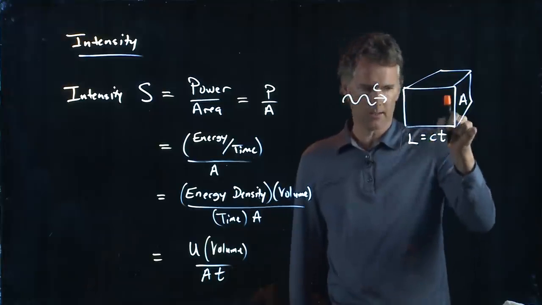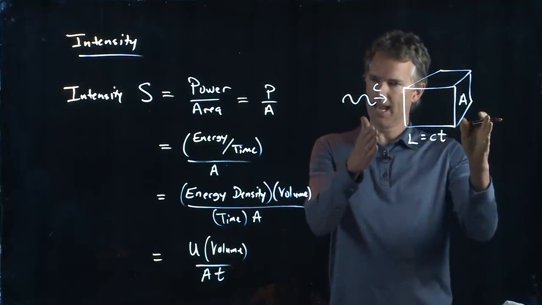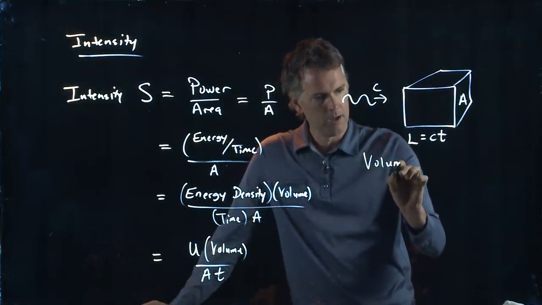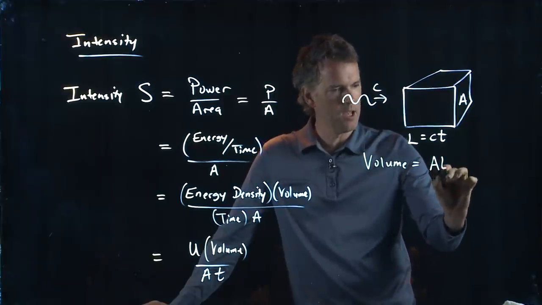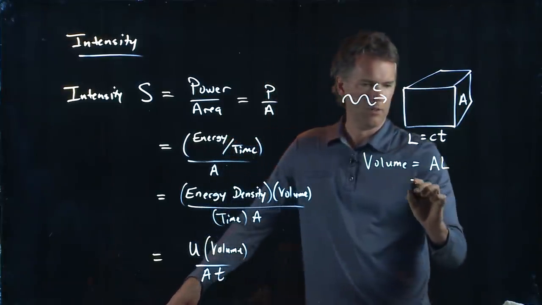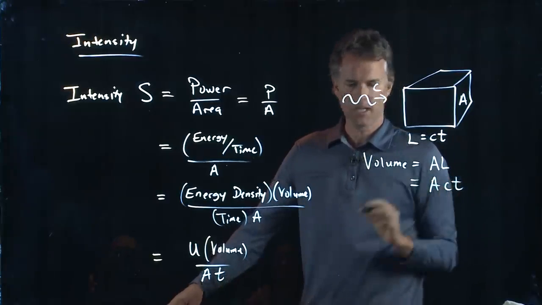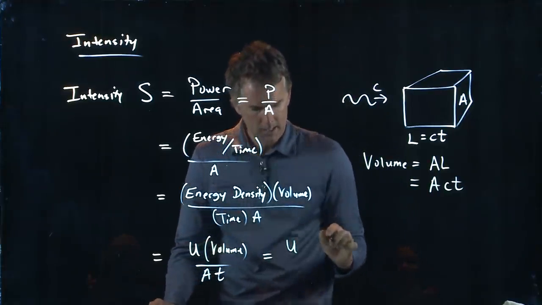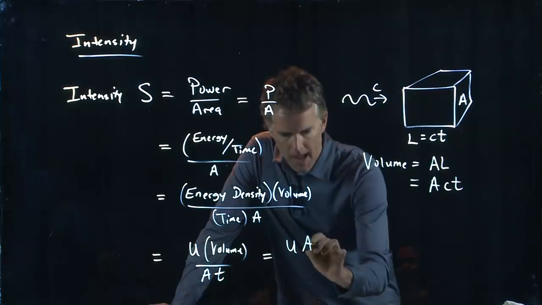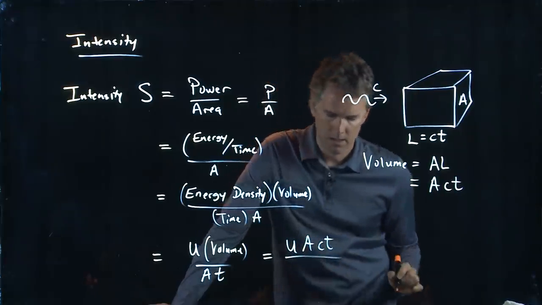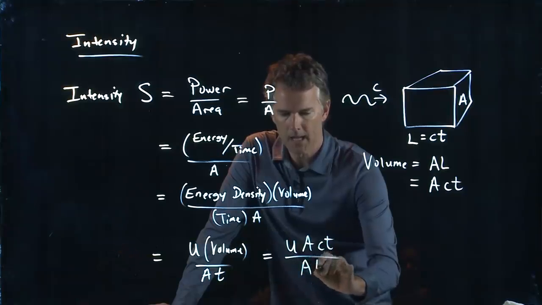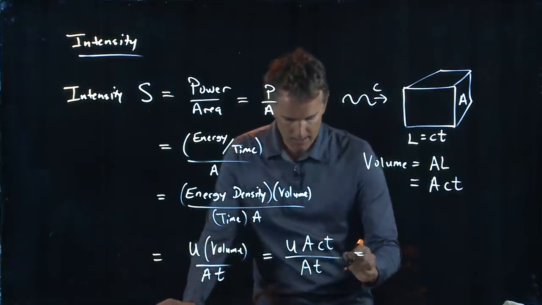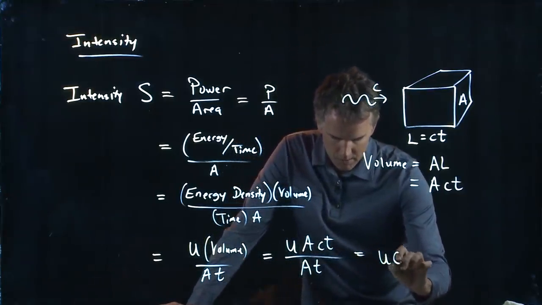It moves at C, it does that for a time T, that's the length of this box. So what's the volume of the box? Well, it's just cross-sectional area A times the length L, so it is ACT. So what do we get here? We get U times the volume, ACT, and we're going to divide it by AT. The A's cancel out, the T's cancel out, and we just get U times C.